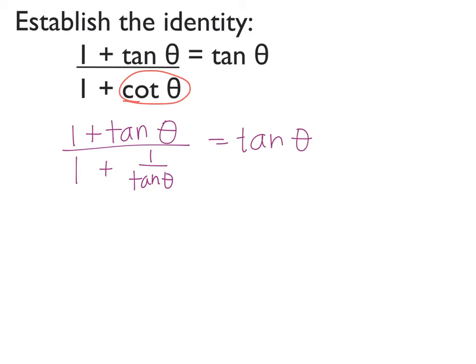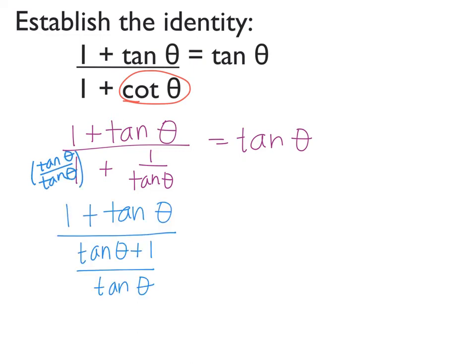I'm going to turn this denominator here into something all over tan of theta. That means I need to multiply this by tan of theta over tan of theta. Let's see what I get. Now I have something that still looks a little complicated, but it's actually a step closer to where I want to be.